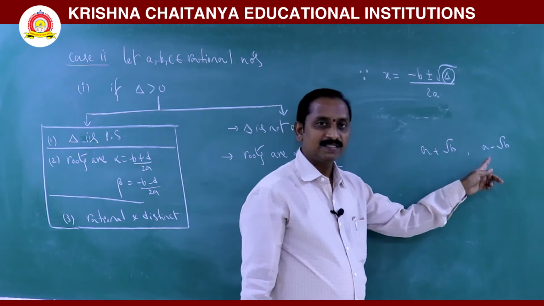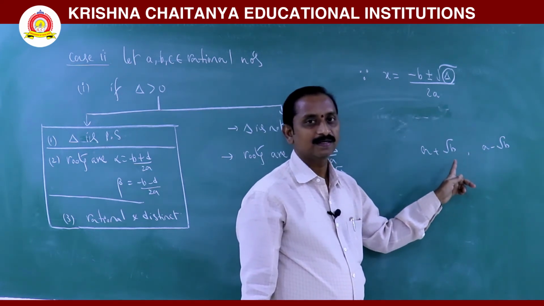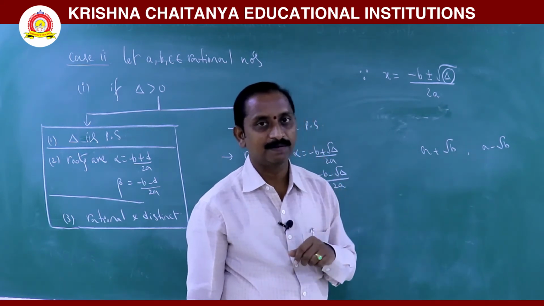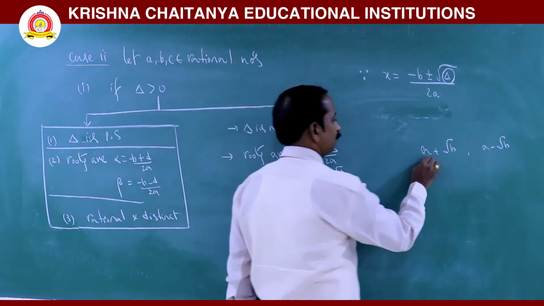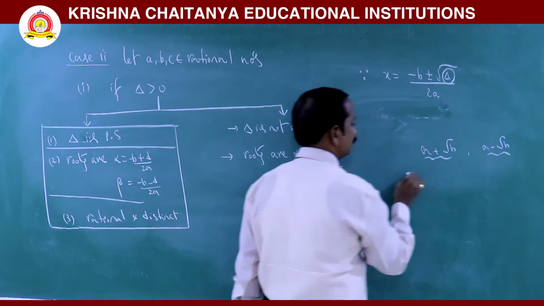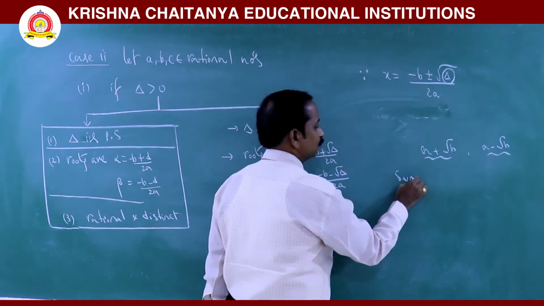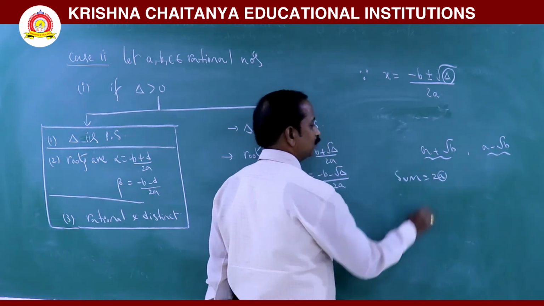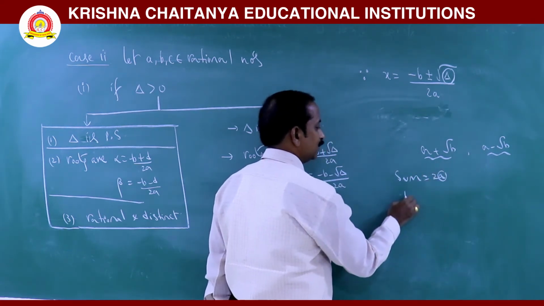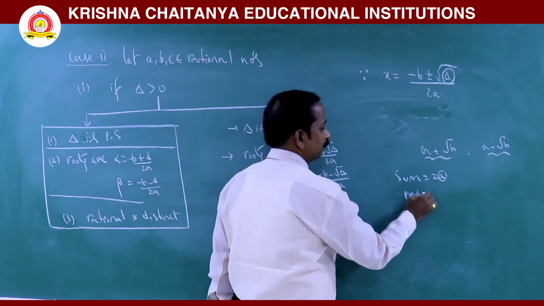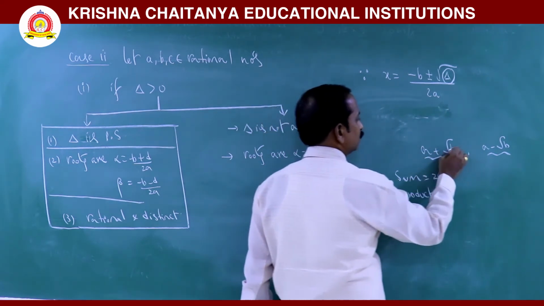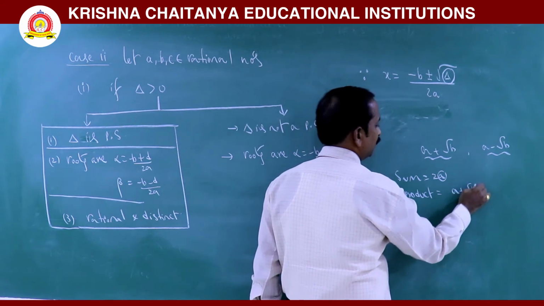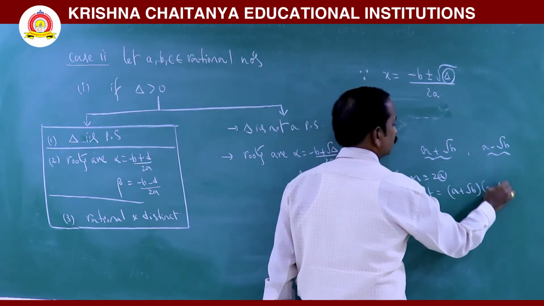We said that these two numbers are conjugate. Sum of the two numbers becomes 2a. A is real, so 2a is also real. Consider the product: a plus root b into a minus root b.